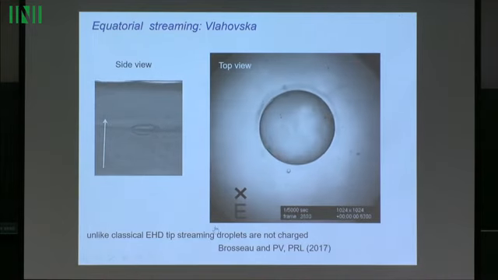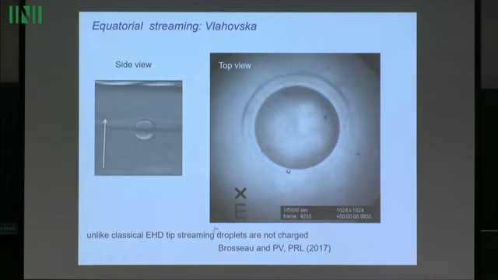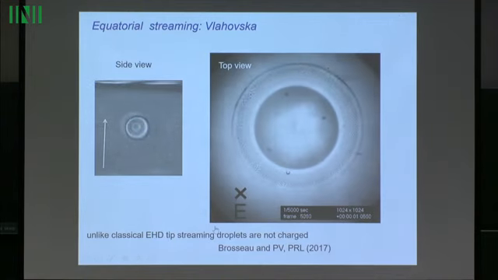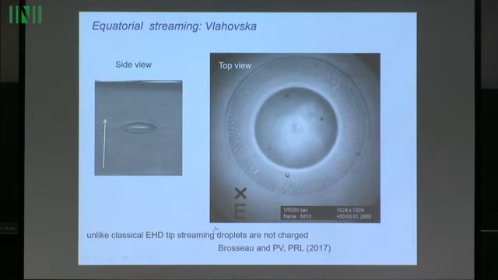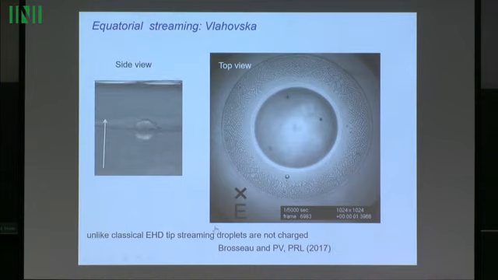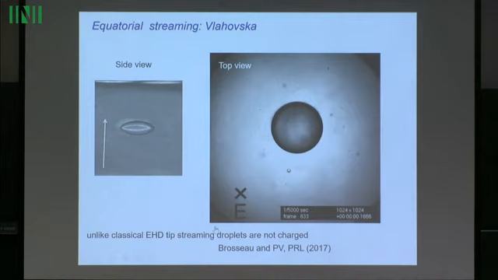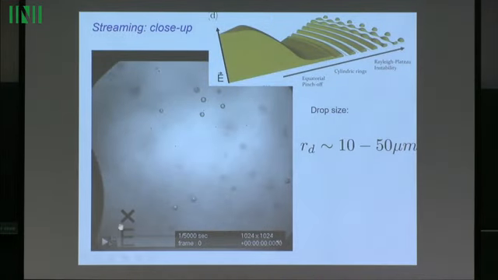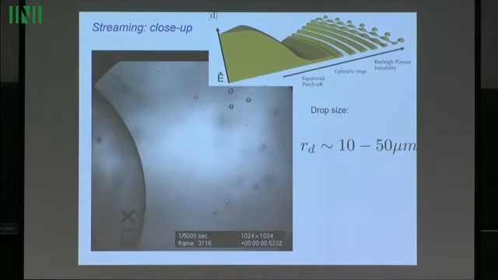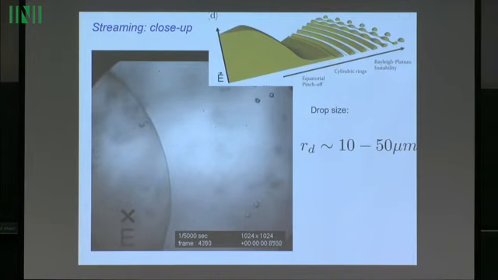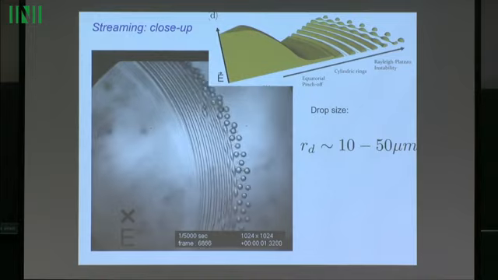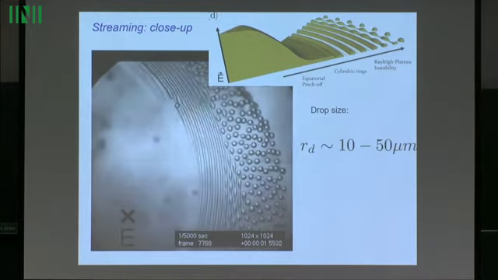Here's the top view. It doesn't sputter, it just goes and goes and goes. And this is again looking up close at the rim of the droplet, shedding those skirts.